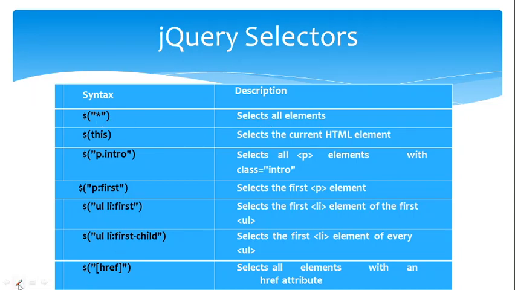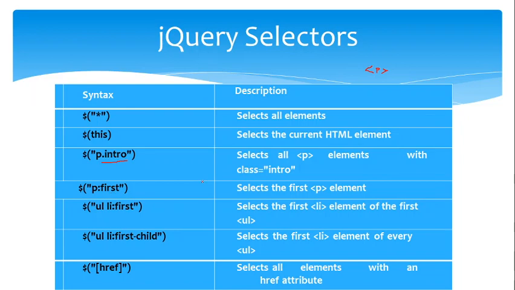It selects all elements, whatever elements are there: p, a, body, h1, whatever tag you use in the website, the jQuery function will be applied to it. $this means the current HTML tag. $p dot intro: dot means class, p means paragraph, so element dot class. Wherever you find the class intro, at that place you need to perform some operation.